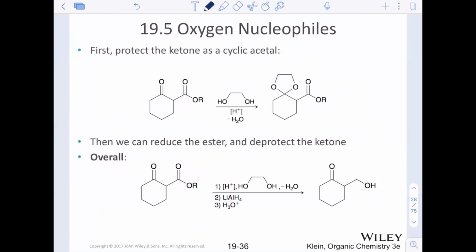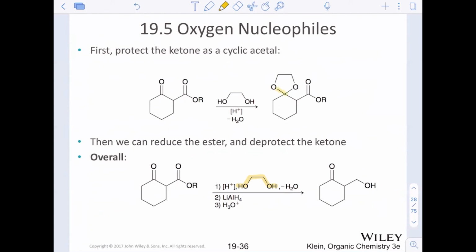First, step number 1, protect with an acetal. Now typically protecting groups are used with diols. You can use any alcohol that you want. Why we use the diol is because we save a little bit of money in reagents, and we don't have to use twice as much alcohol because 2 alcohols are already present.